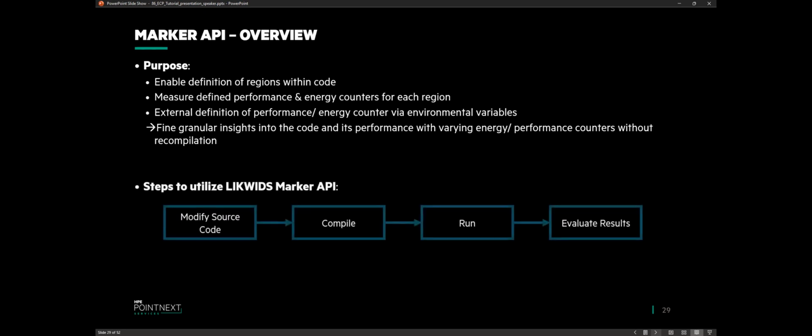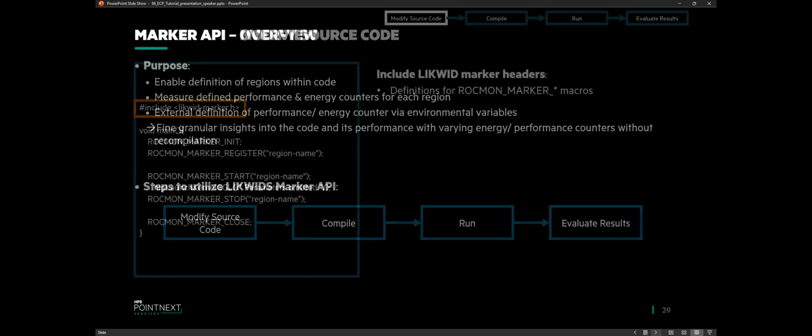The steps for utilizing LIKWID's marker API: first of all, we have to modify the source code. More specifically, we will have to define the regions, set them up properly, and so on. Then we have to compile the application, execute the application, and then evaluate the results.